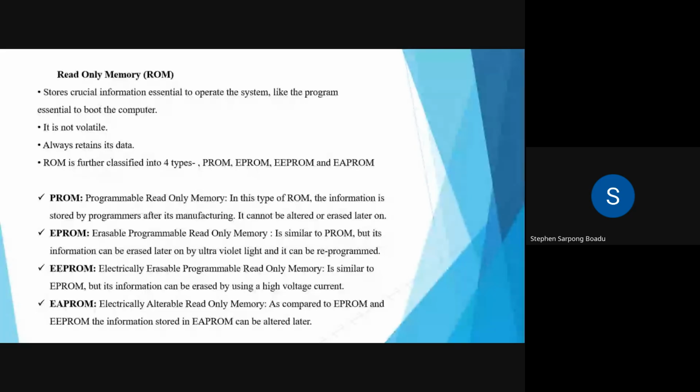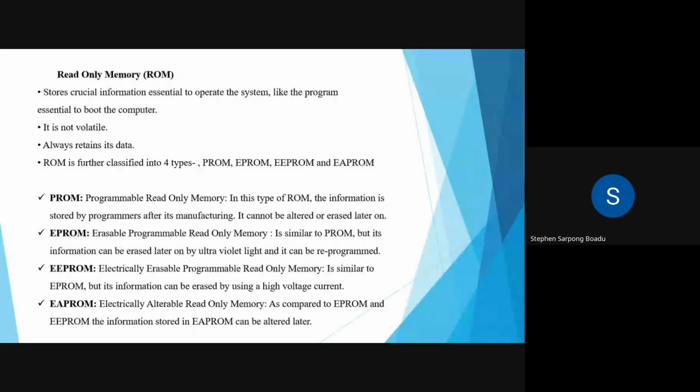That is basically what this is saying. And it is non-volatile, which means that it keeps data even when the power is off, right? So it always stores programs essential for booting the computer. Then it always retains its data, right?